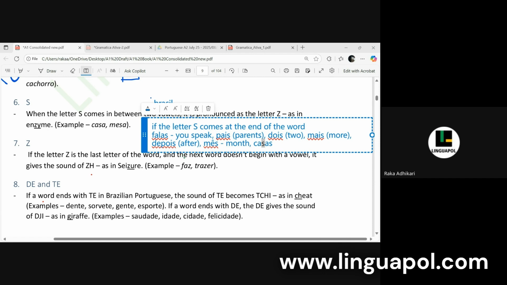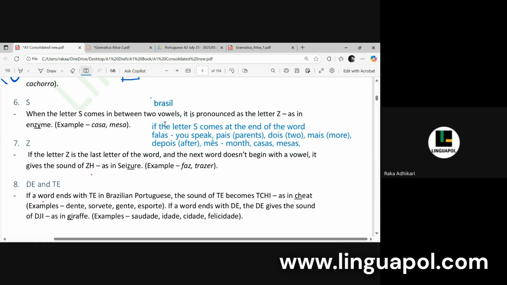So the sound is casas. Okay. Similarly, other examples. Whenever we make a plural, there is an S at the end, so in that case, the sound is sh. So this particular rule is very important.